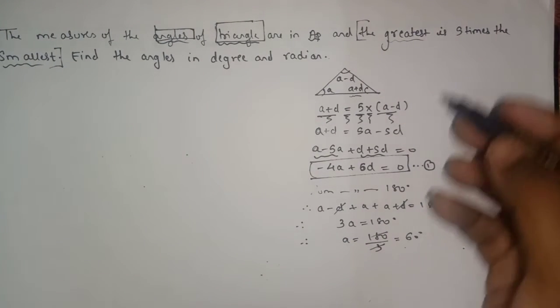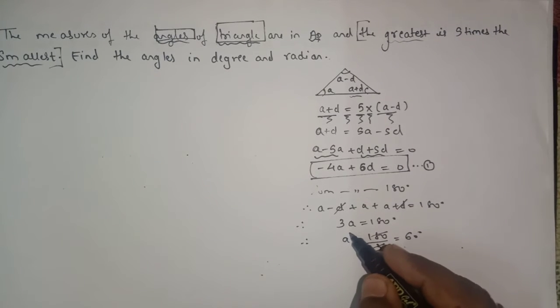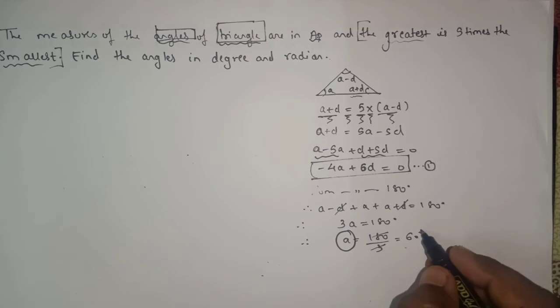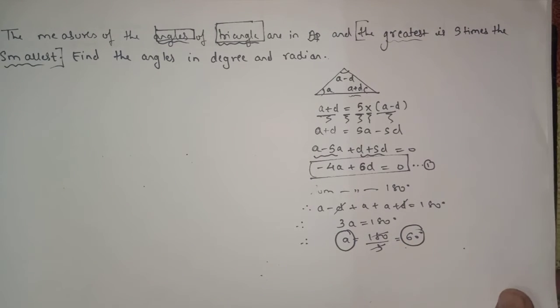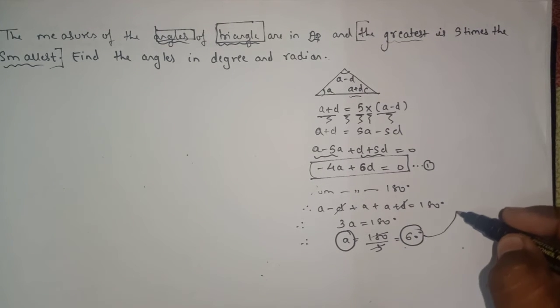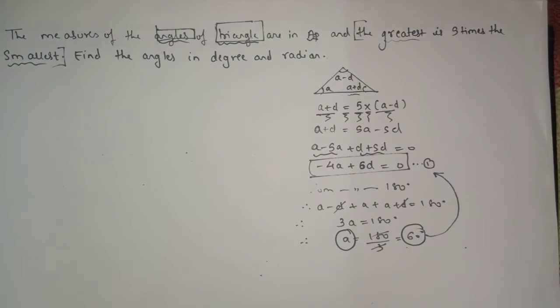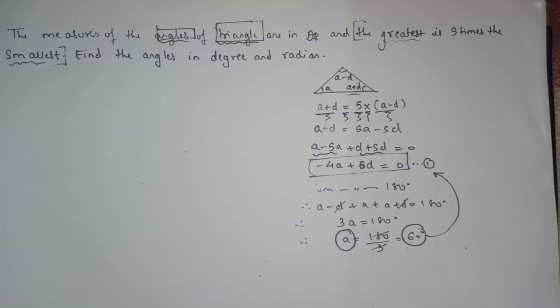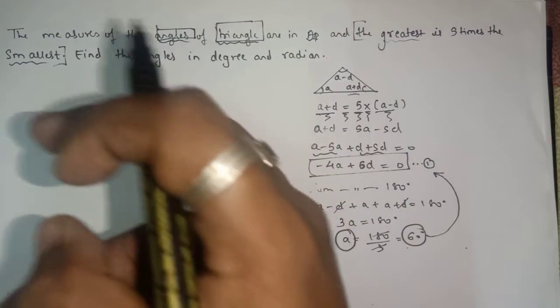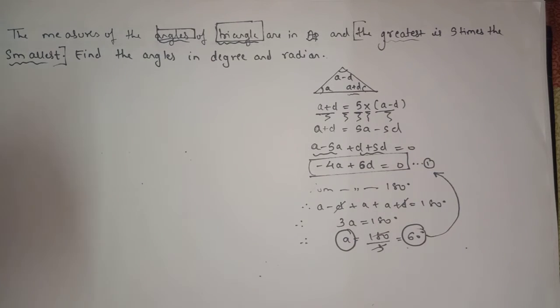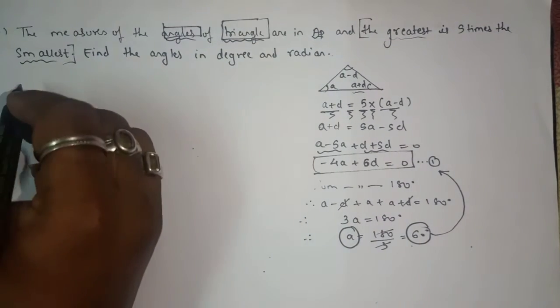So in the second part we got the direct value of a instead of an equation, which is very nice. Directly we can substitute the value of a in equation number 1 to get the value of d. I hope you all understood how to read and understand the question and how to frame the equation. So let's begin with the presentation part.